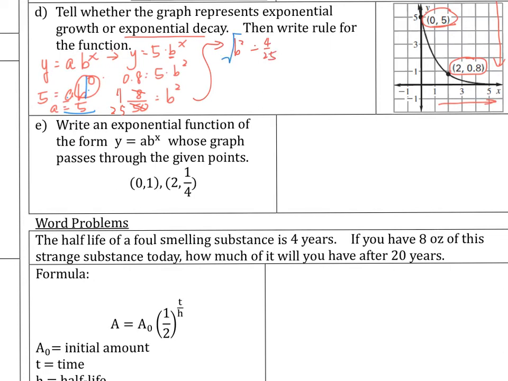Then we can take the square root, and b is 2 fifths.